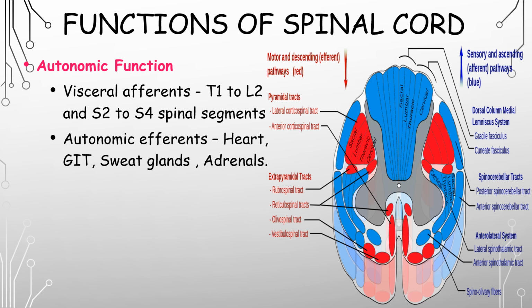Autonomic efferents travel through the spinal cord and supply the visceral organs and control the activity of the smooth muscles, heart, glands of the GIT, sweat glands, and the adrenal glands. The spinal cord also controls and regulates the body temperature. It also helps in maintaining homeostasis, that is the optimal internal environment in our body.